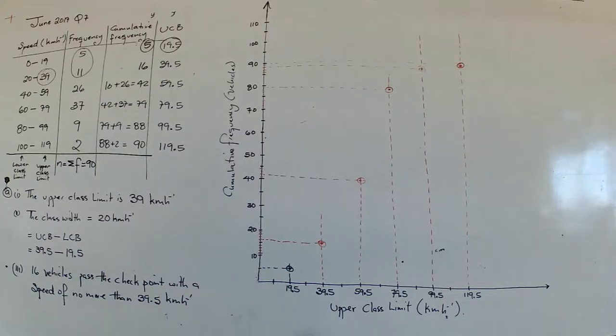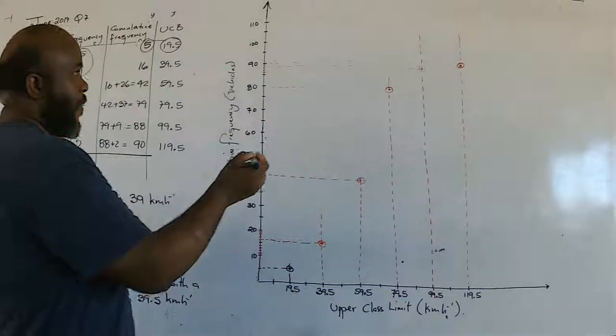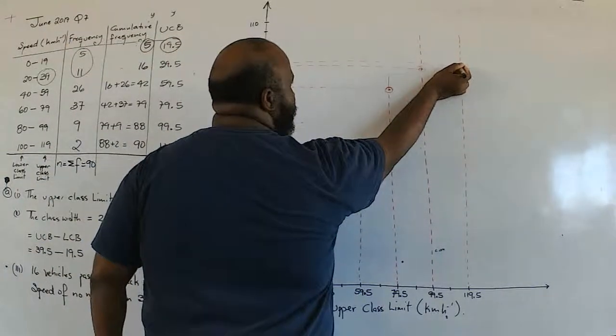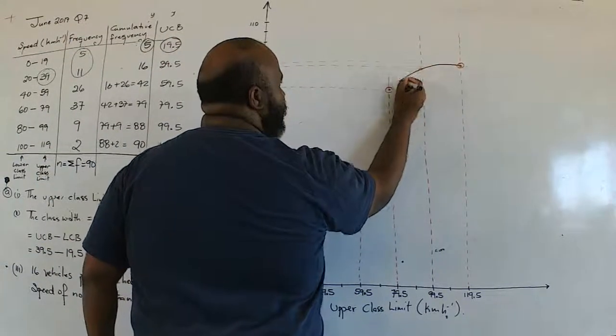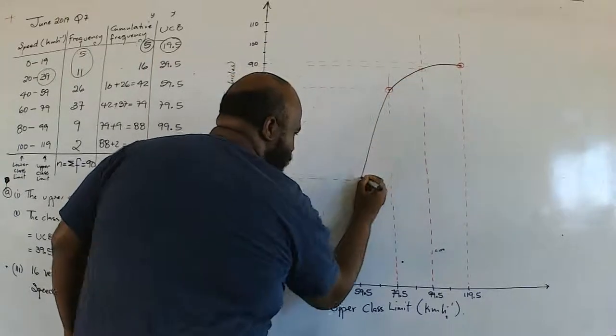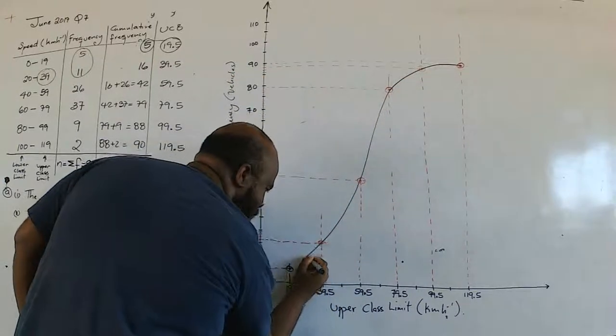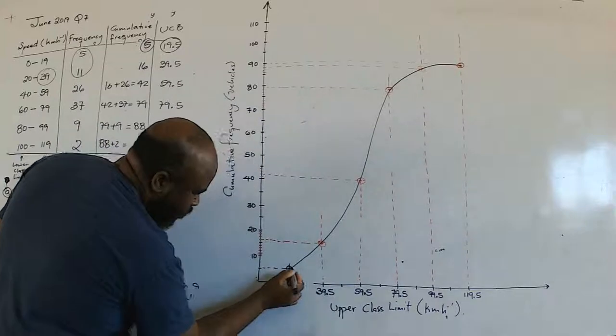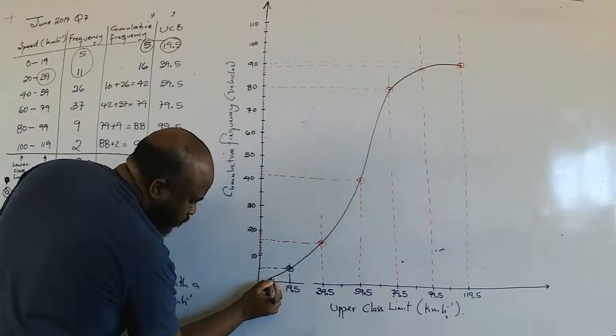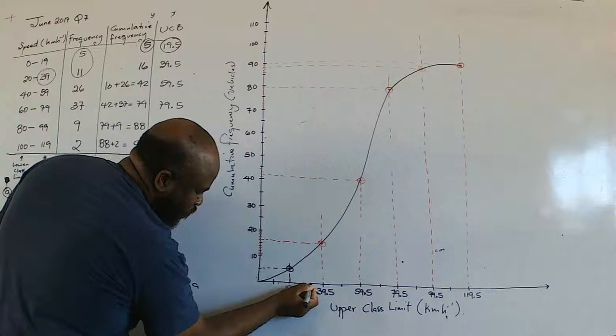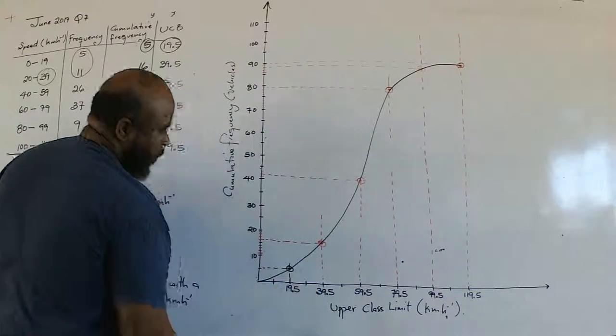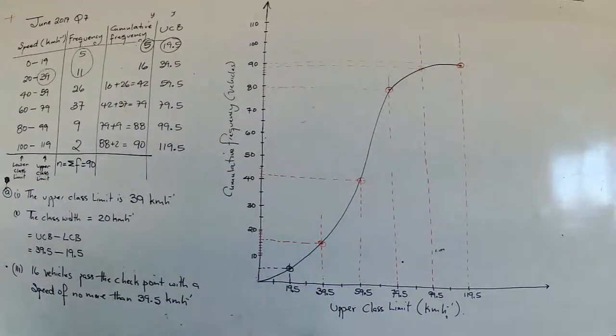It is a curve, so it must be done freehand. Draw it down to 0.